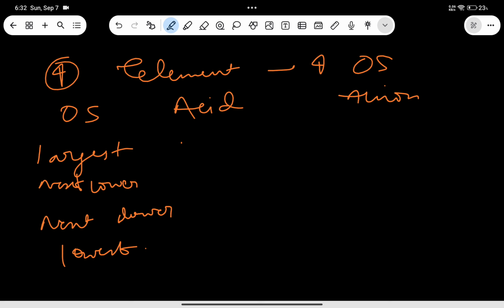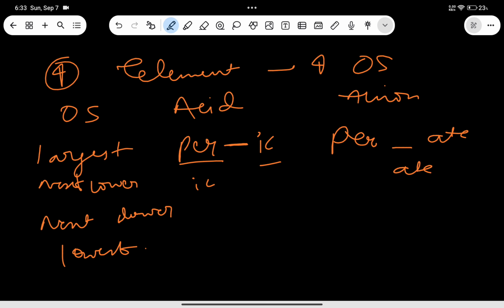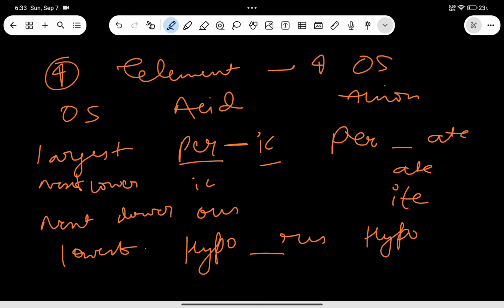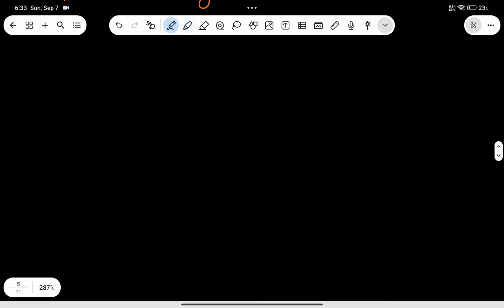The largest one would have per in the prefix, and then we add ic at the end as the suffix. The anion would be per only, the prefix will be the same, and it would end with ate. Similarly, for the next lower we have ic and simply ate, and for this we have ous, and this would end with simply ite. Then finally we have hypo as the prefix, and then ous, and for the anion it is the hypo prefix, and at the end it has ite. Alright, so this is the formula and everything, or you can say the rules.